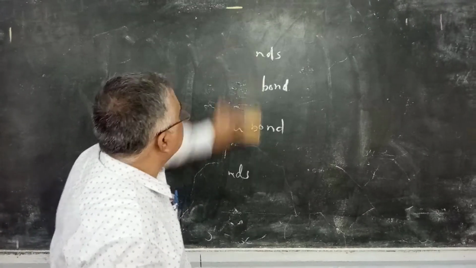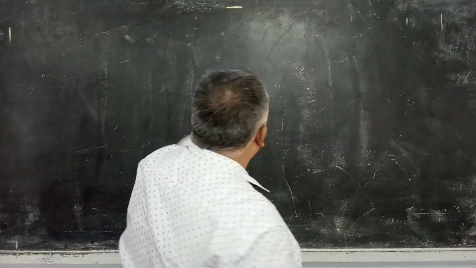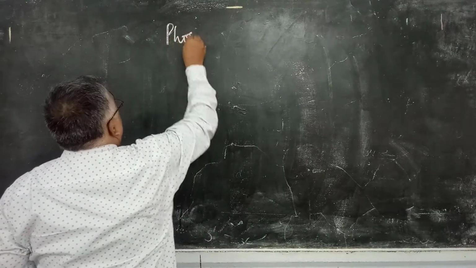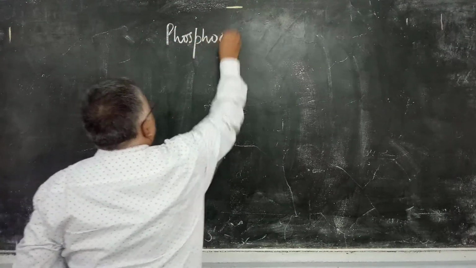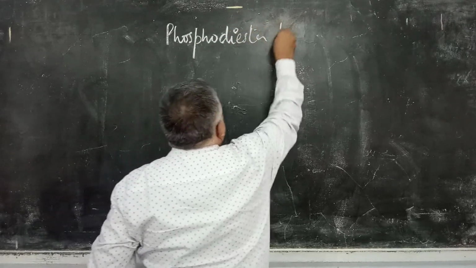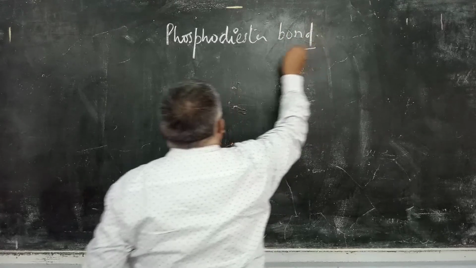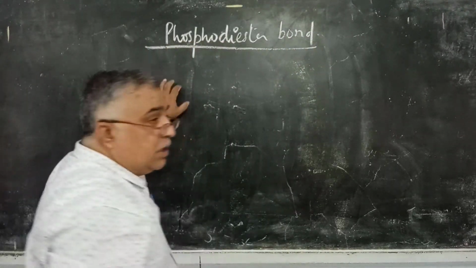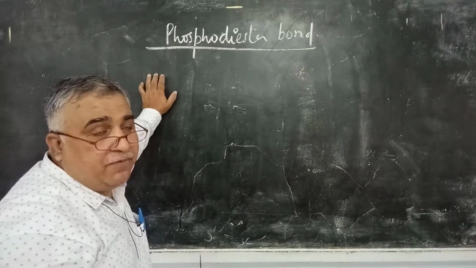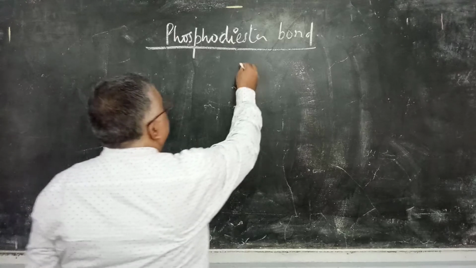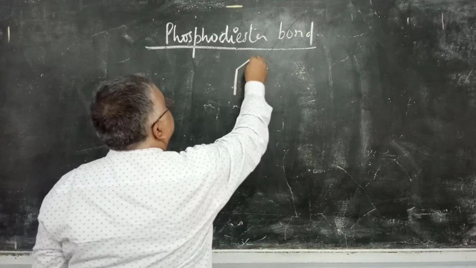So let us first see what is a phosphodiester bond. Phosphodiester bond is formed between the 3' sugar and a phosphate group of a nucleotide. How is it formed? Suppose this is a base.